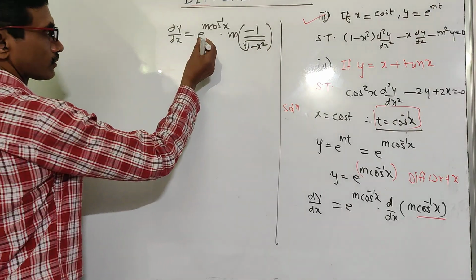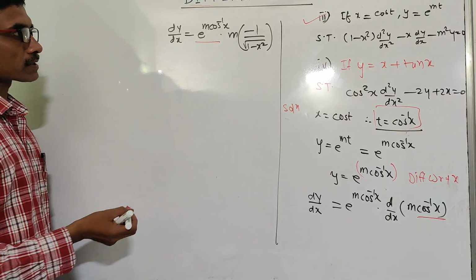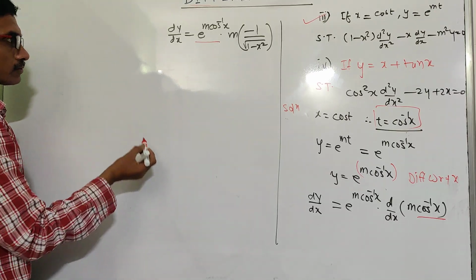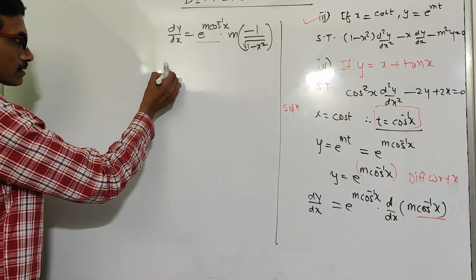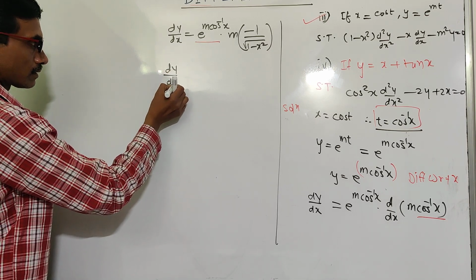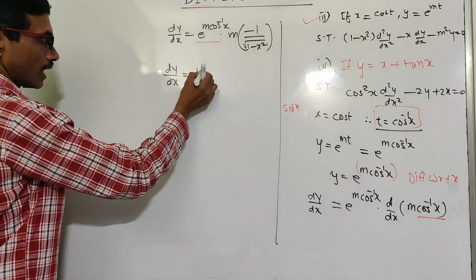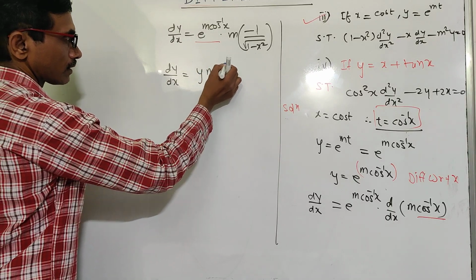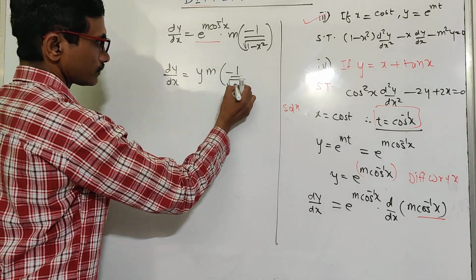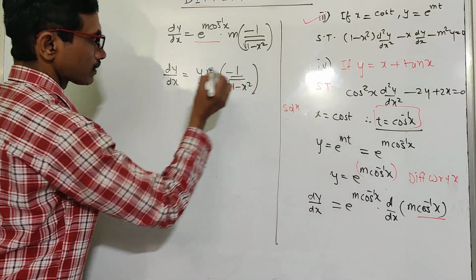So substitute e raised to power m cos inverse x as y. So dy by dx is equal to y, this is m, this is minus 1 upon root of 1 minus x square.